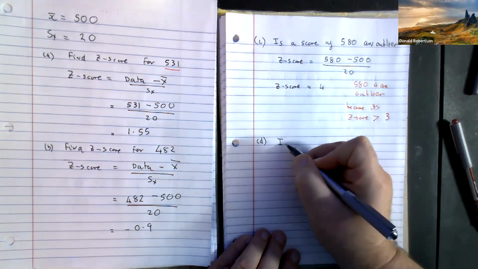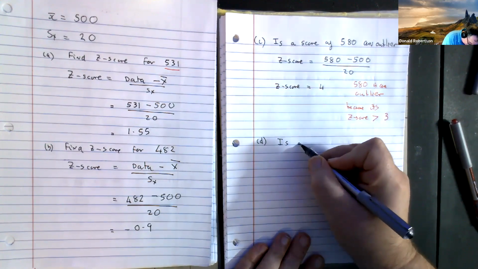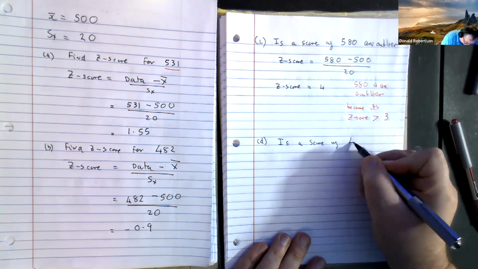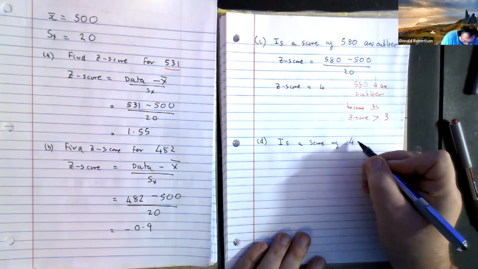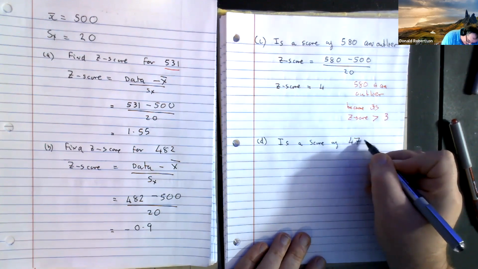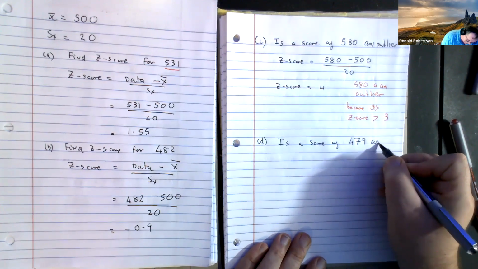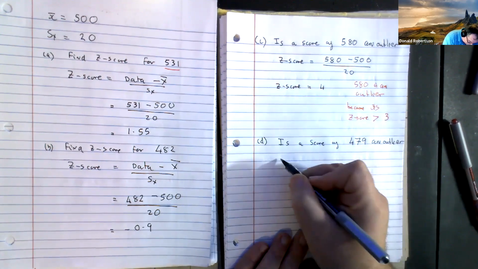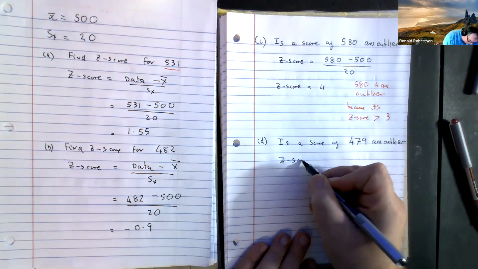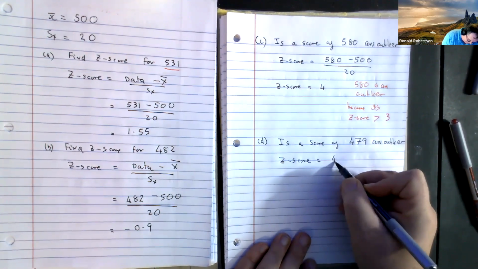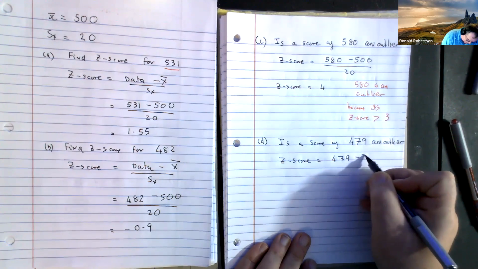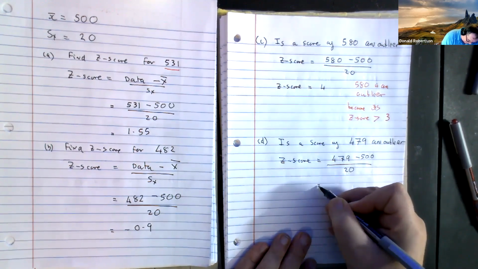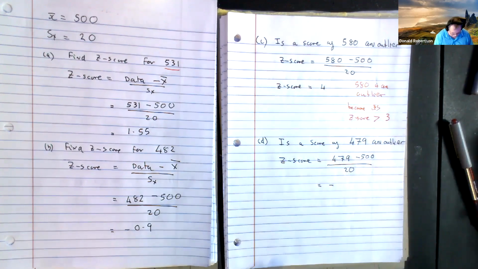Let's do another one of those. Is a score of 479 an outlier? Well, let's see what the z-score tells me. 479, take away 500 over 20. It is a negative number.